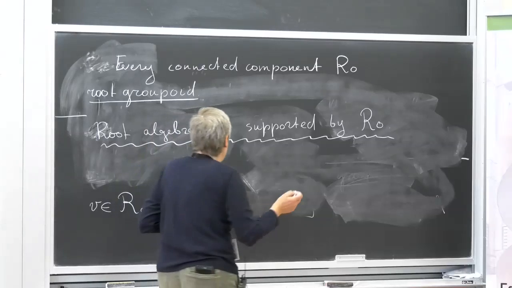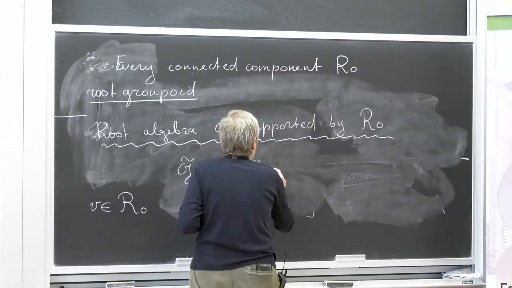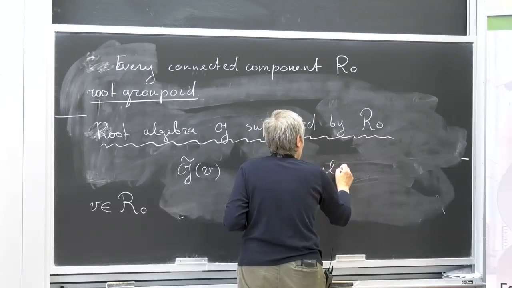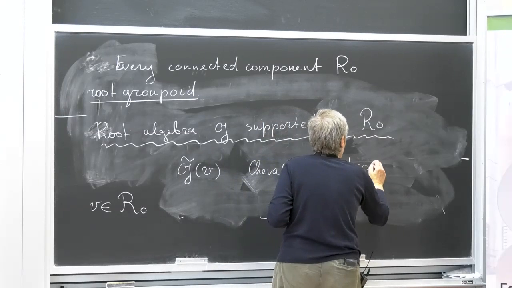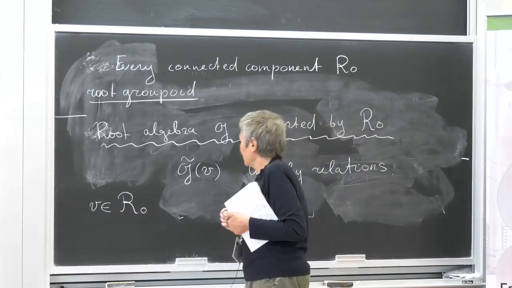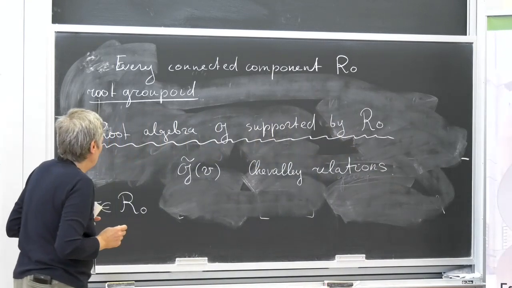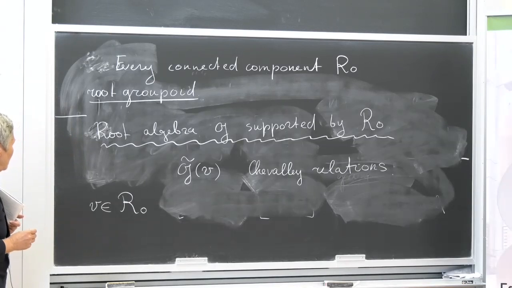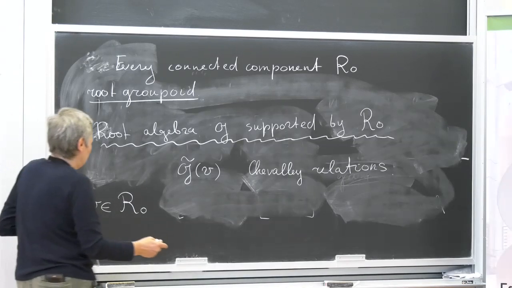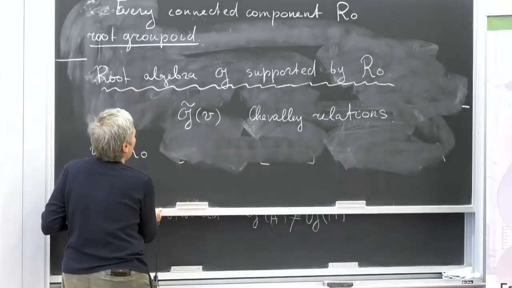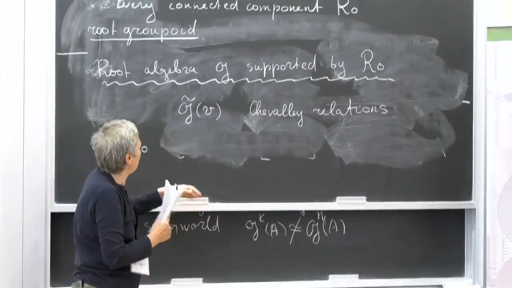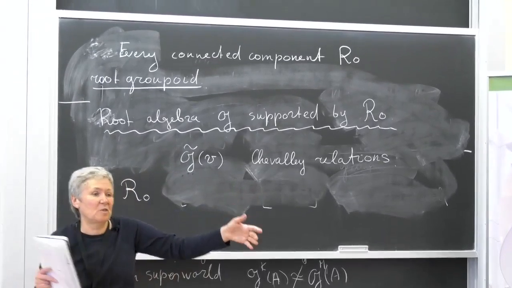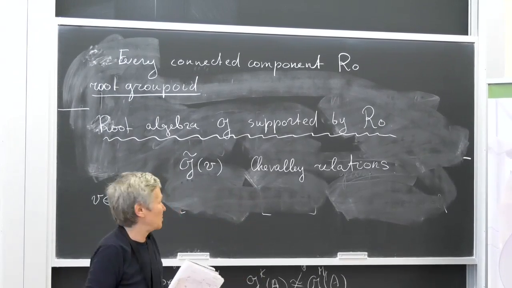This is the algebra defined by Chevalley relations. What is pretty clear is that when I do the reflection, it doesn't induce an isomorphism between two Chevalley algebras.